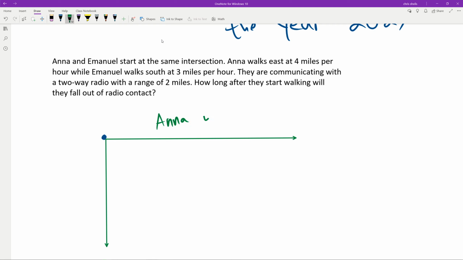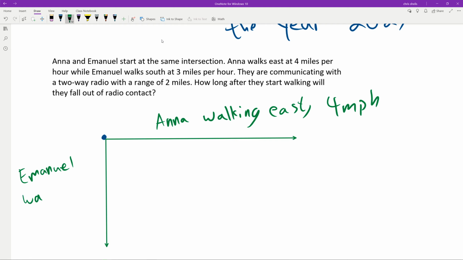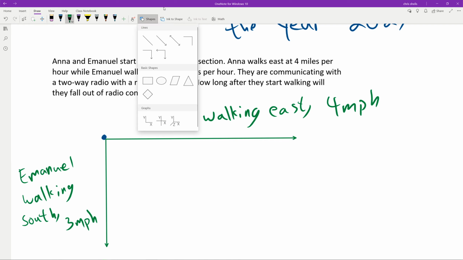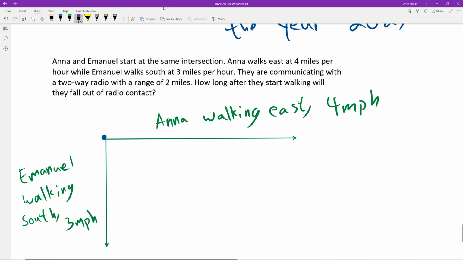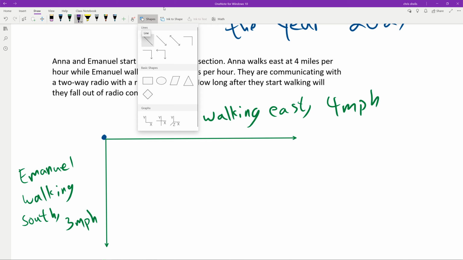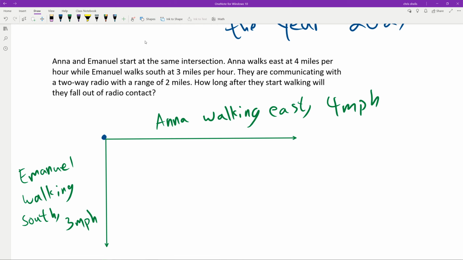So here we have Anna walking east at 4 miles per hour. Down here we have Emmanuel walking south at 3 miles per hour. There's no dotted line tool, so I'll make a purple line though. We have a distance between them, represented by this purple line.